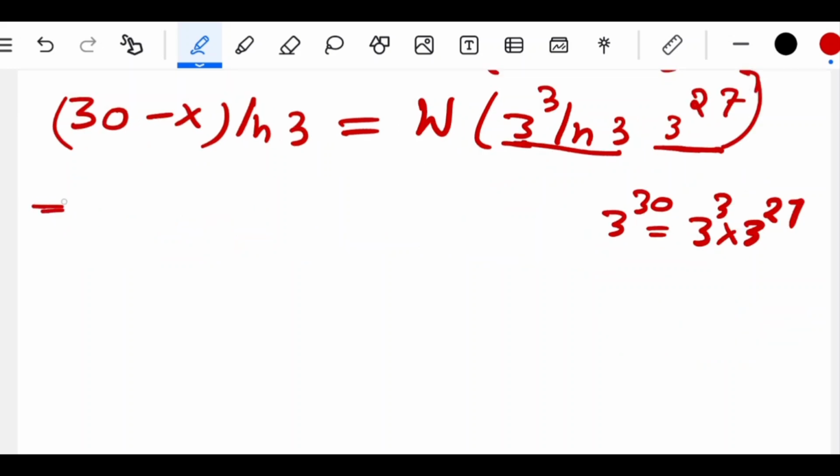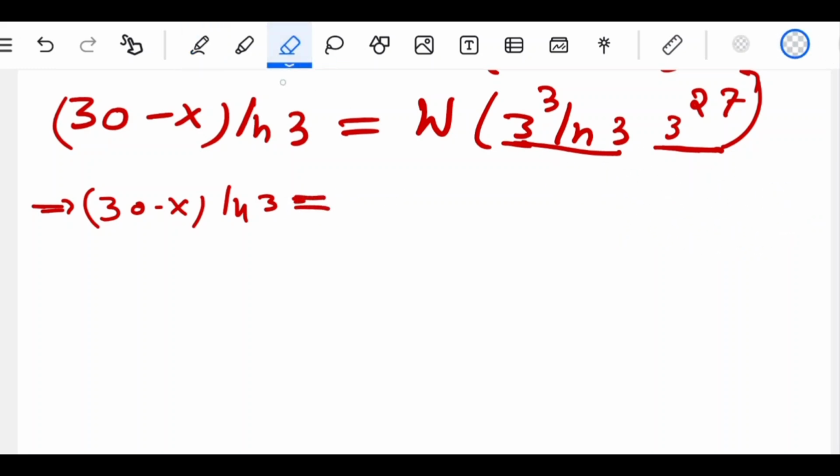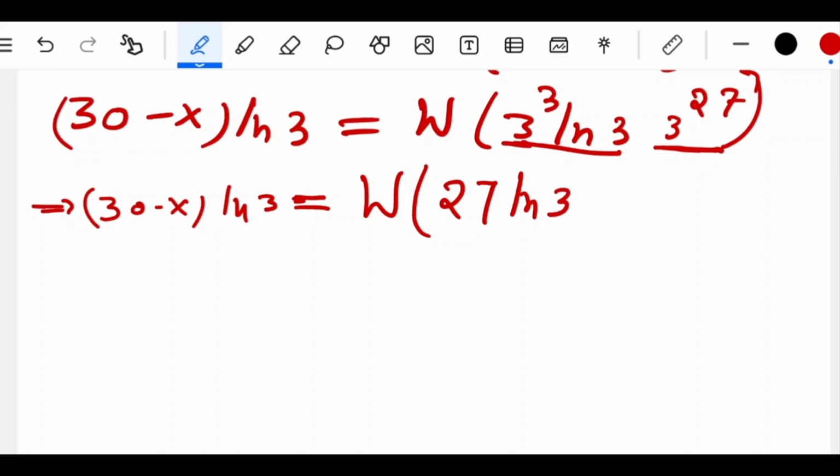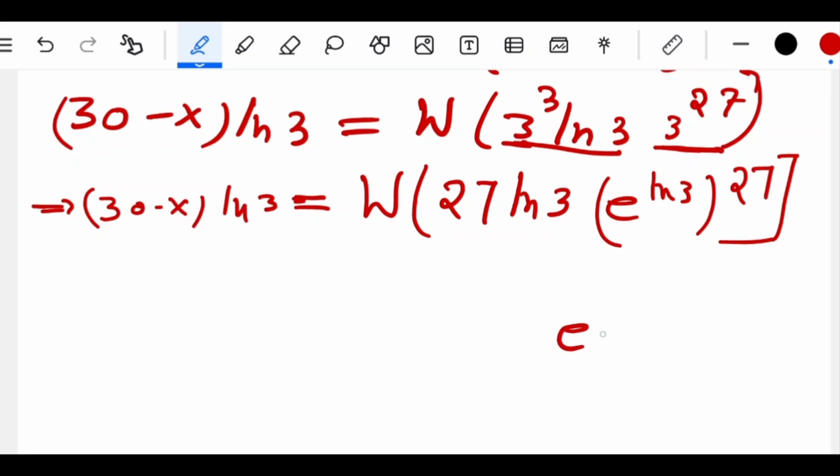Now in the next step, 30 minus x ln 3 is equal to W of 3 raised to 3 written as 27 ln 3. This 3 again we write in the form of an exponent, so this is 3 raised to ln 3 whole power 27. A little bit of study about this: we use e raised to ln a is equal to a.